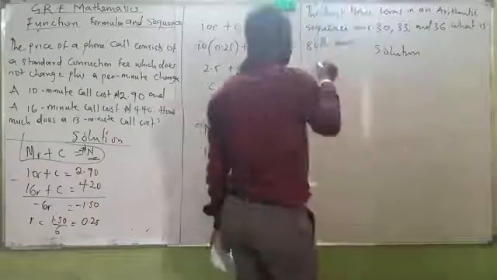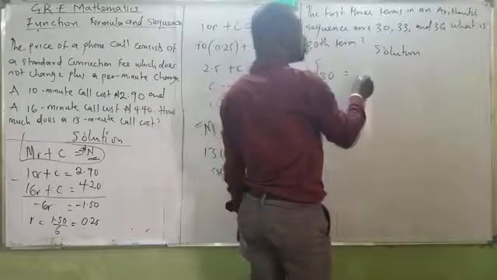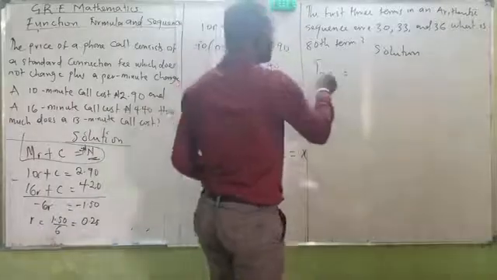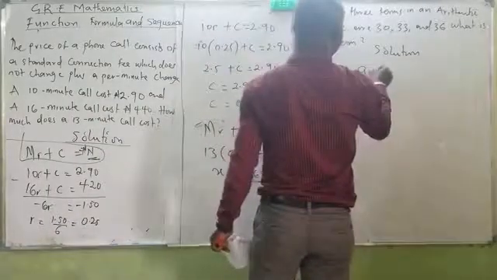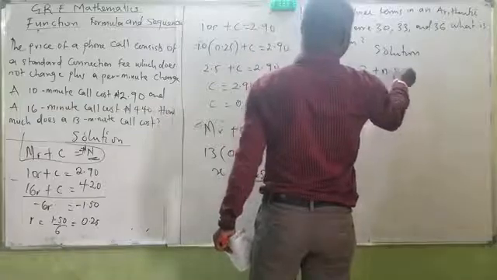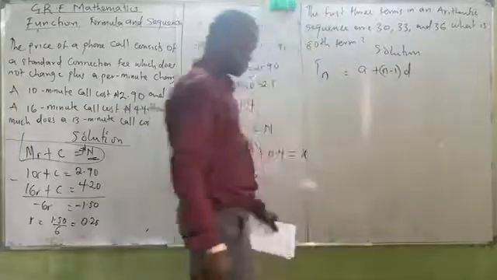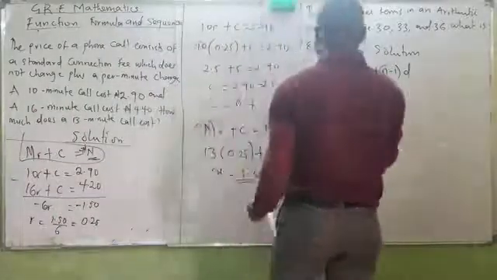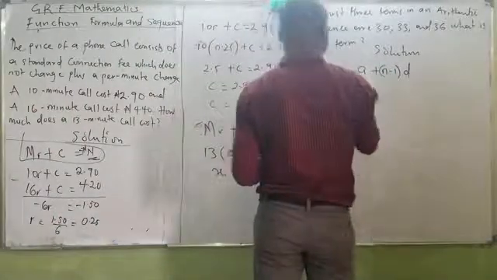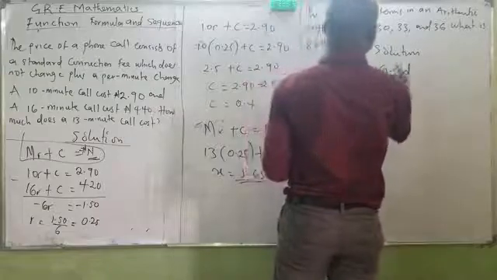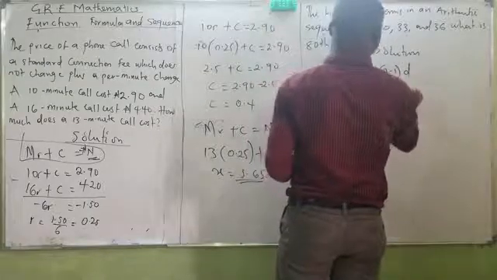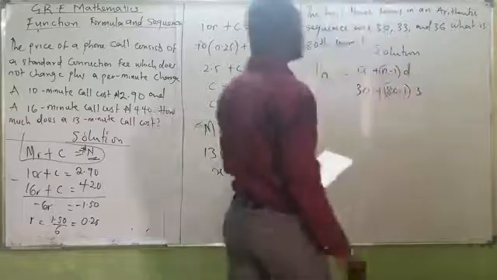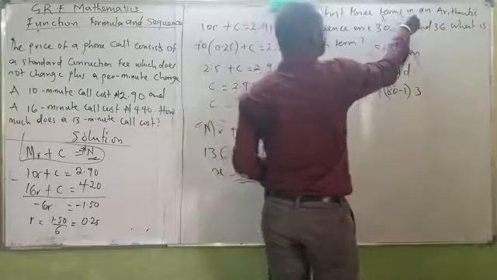Now, 80th term means we are looking for the number in position 80. We know that T of n equals A plus n minus 1 bracket of D. That is the nth term. Now, what is my first term? My first term is 30, so I have 30 plus, now my n is 80, minus 1 bracket of, my common difference is 3. It means T1, T2, T3.